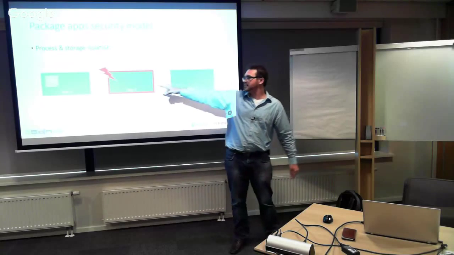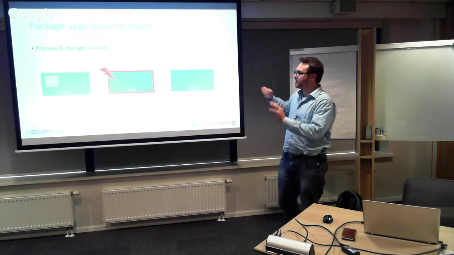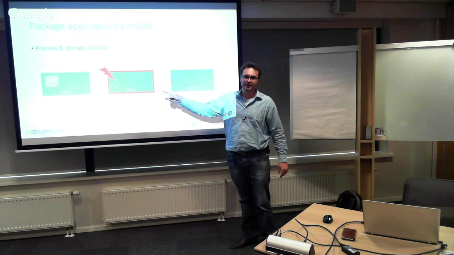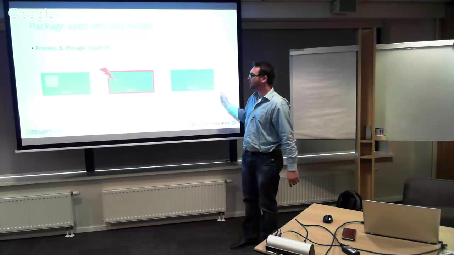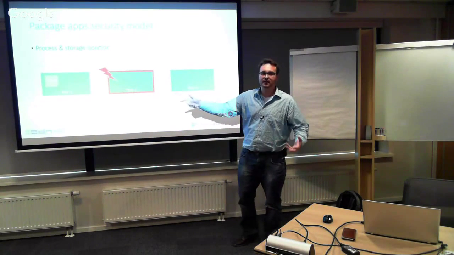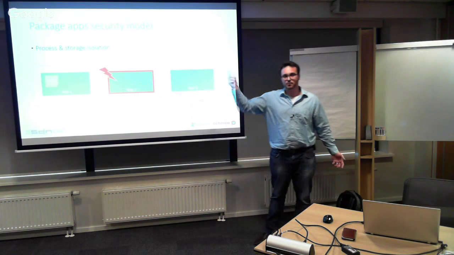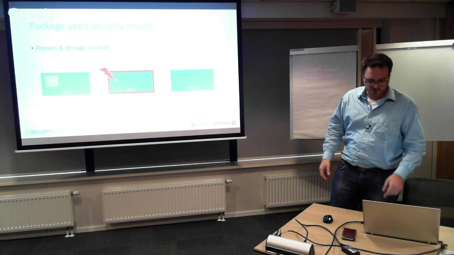Also, app 3 can't access the asset in app 1 directly, so it's completely separate. To be able to access the asset, you need to make use of the boundary here, like the platform's API. That gave app 1 the capability of sharing its files, and app 3 the capability of asking for app 1's files and listening for those events. You go via the platform so that it's more controlled.